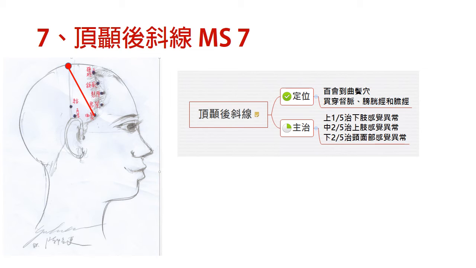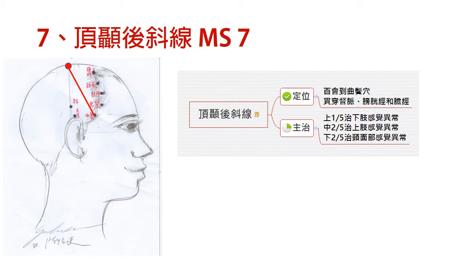The upper 1/5 of the posterior oblique line of vertex temporal MS7 is for pain, numbness, or paresthesia of the contralateral leg, occipital headache, pain in the neck area, and tinnitus.